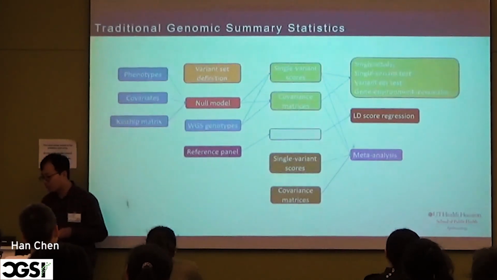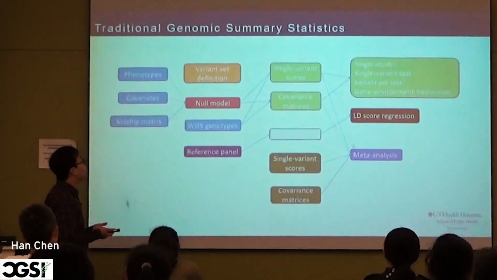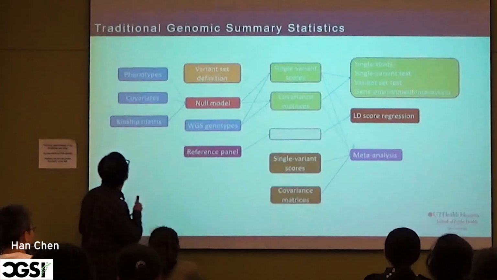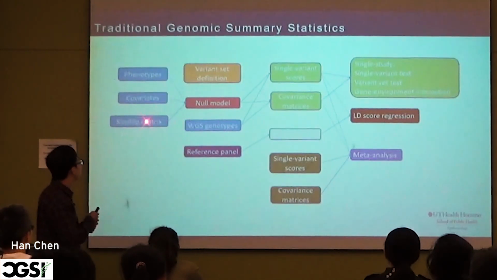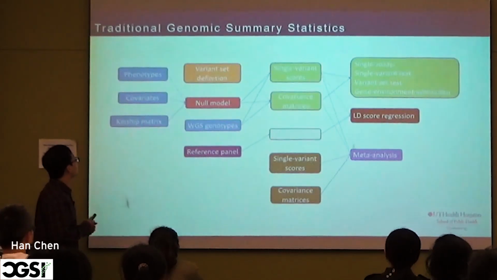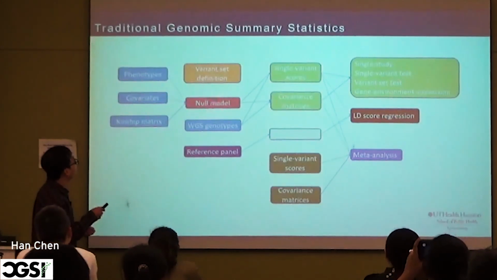So this is a general framework for whole genome sequence data analysis, using the traditional approach. I apologize if this is not looking very good. But basically, we start with the phenotypes, the covariates, and the kinship matrix if you have related individuals. And this can also be replaced by a genetic relationship matrix if you're concerned about population structure. So we use this information to fit a null model.